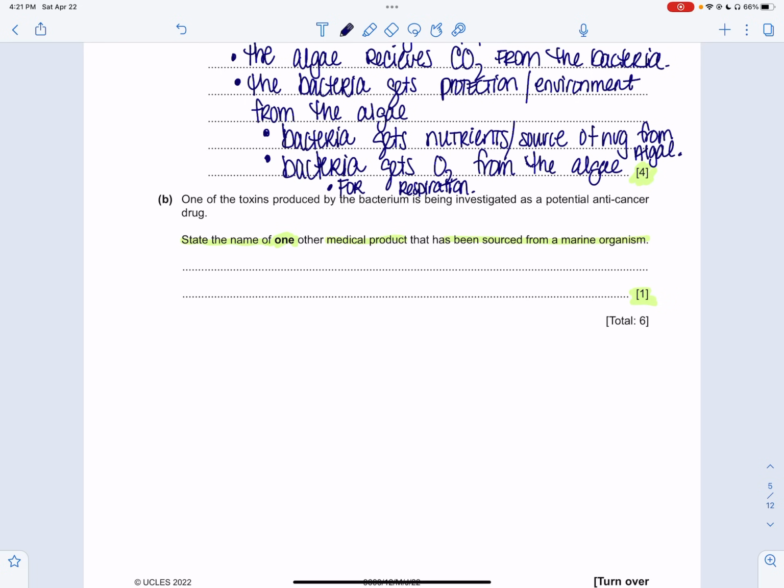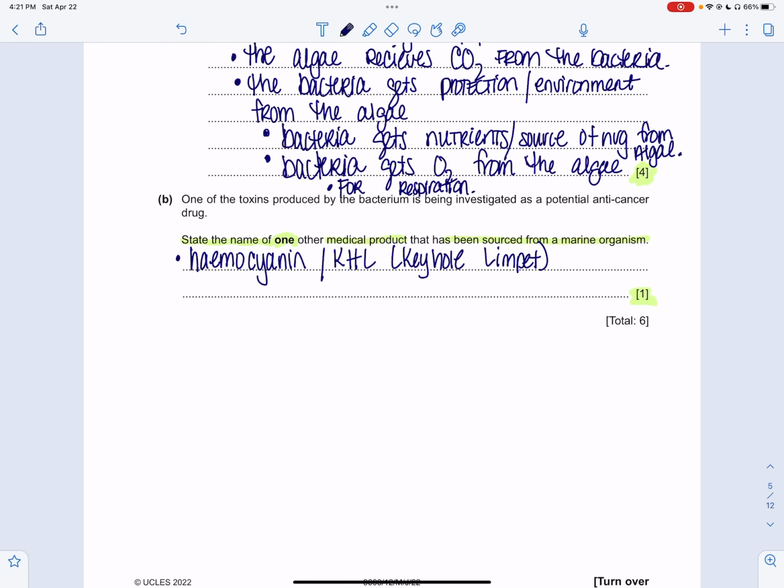So one of them straight from your syllabus is hemocyanin. Or you could reference the KLH, which stands for the keyhole limpet.